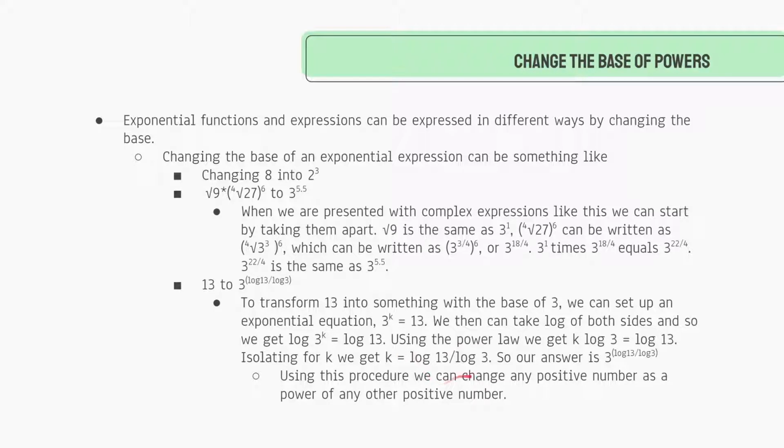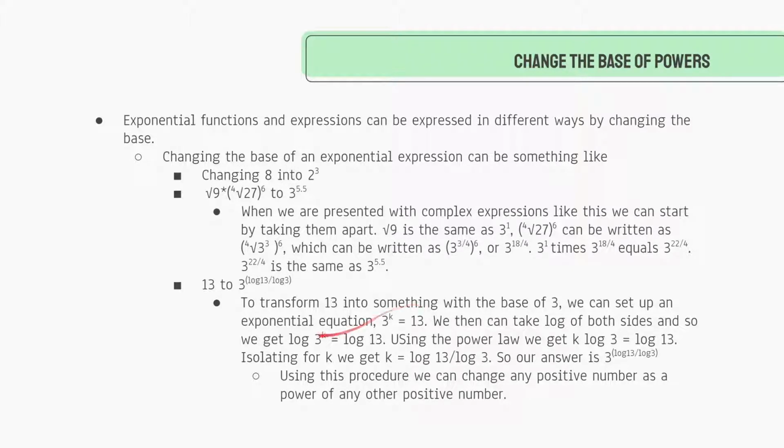Since this was our k value, we can now substitute it into our equation, and we find that 3 to the power of log 13 over log of 3 is equal to 13. Doing this procedure has now allowed us to change any positive number into the power of any other positive number.